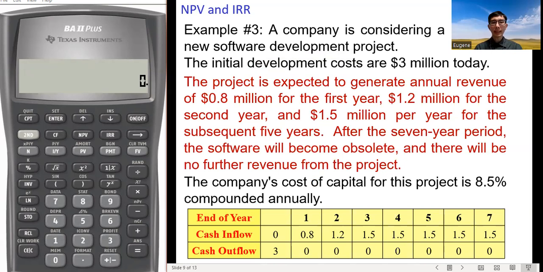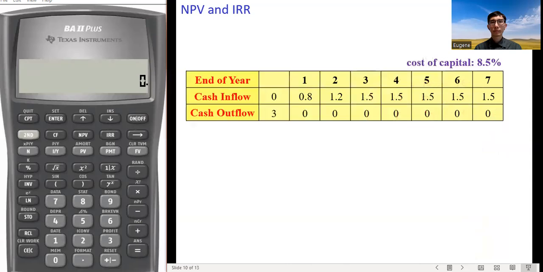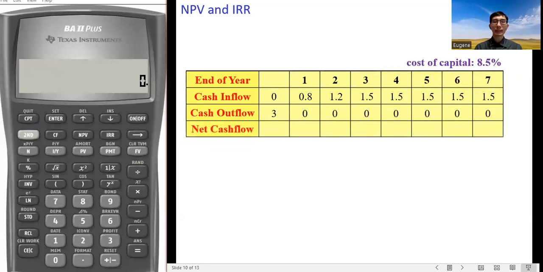We need to get the net cash flow for every period to enter into the calculator. So we do the calculation, cash inflow minus cash outflow, we get the net cash flow.